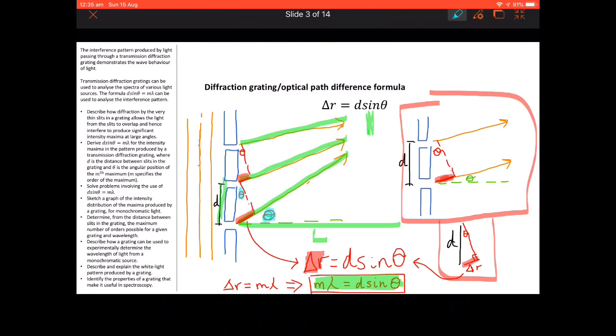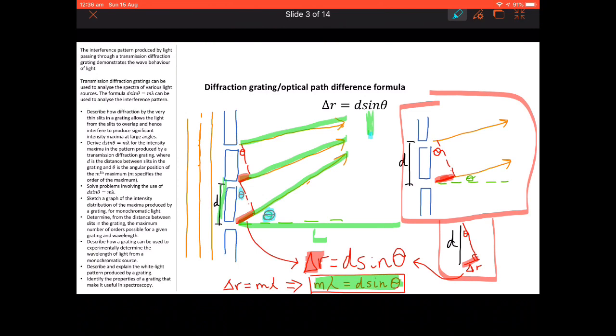So the angular position of this maximum over here, the bright fringe on the screen, happens to be the same angle as our original theta, and you can work that out by thinking about how there is 180 degrees in a triangle, and also 180 degrees in a straight line.